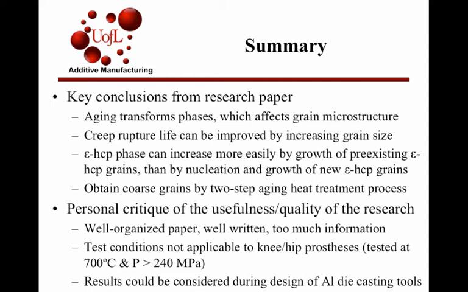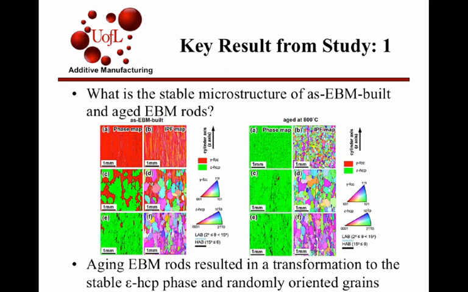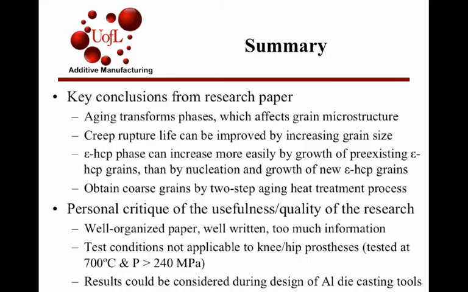They said that the epsilon phase can increase more easily by growth of pre-existing epsilon grains rather than nucleation, which was shown on this slide at the top cross section, where it goes from gamma straight to epsilon rather than just growing the epsilon phase into a full epsilon phase. And they said they were going to obtain coarse grains by a two-step aging heat treatment process, but they didn't really dive into how they were going to do that or what that two-step process was made up of.